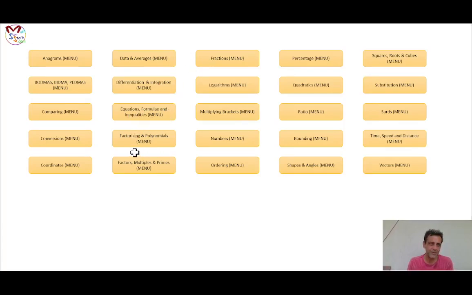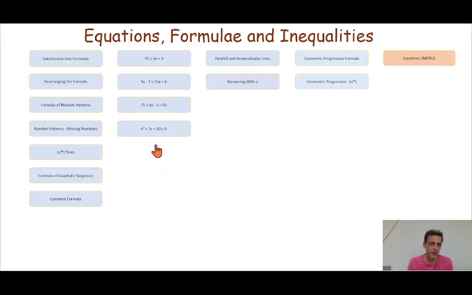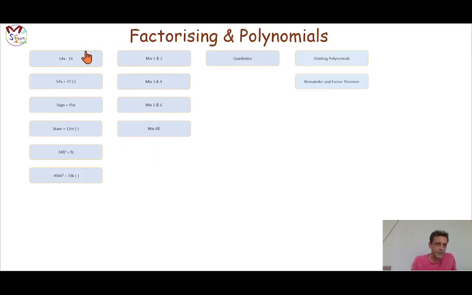Then we've got equation. Oh, I've done that. Factorising and polynomials. These are factorising, the first ones, and the different levels of factorising.